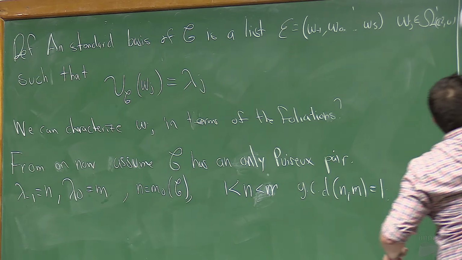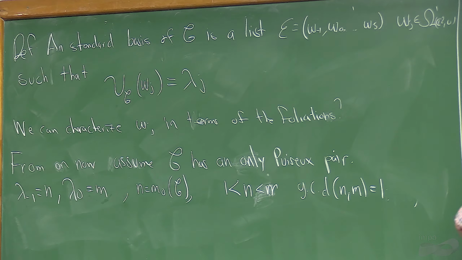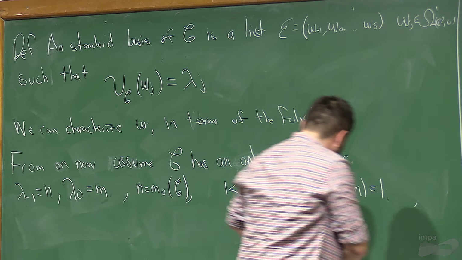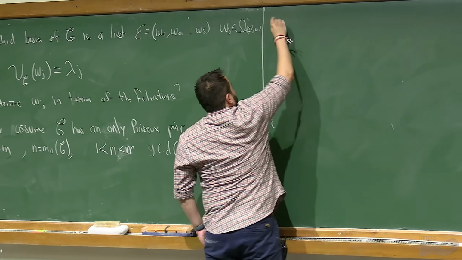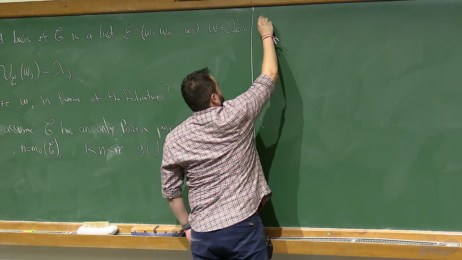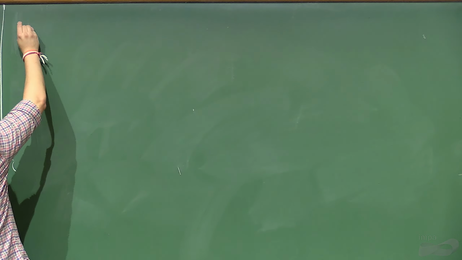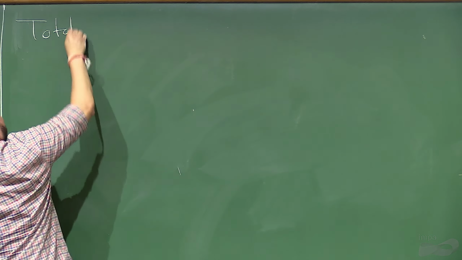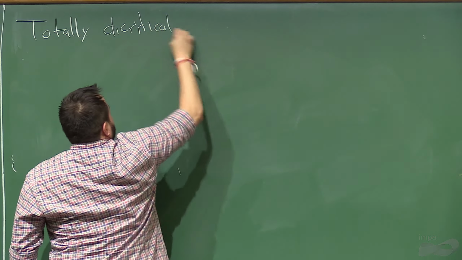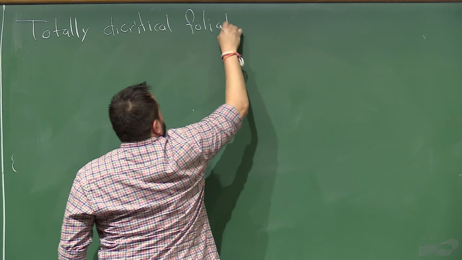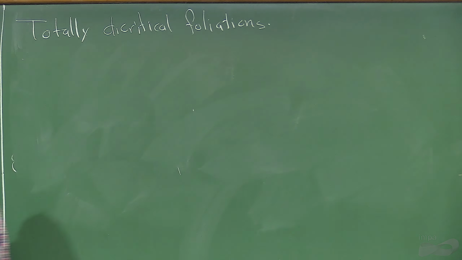Now, I'm going to talk about foliations. Specifically, I'm going to talk about the totally dicritical foliation. Okay, and I'm going to talk about this foliation with an example.